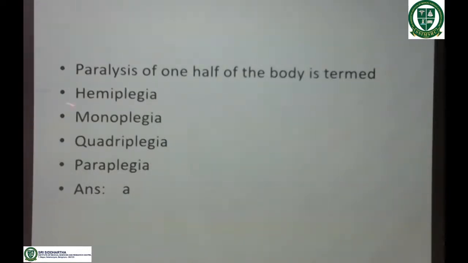Answer is A, hemiplegia, one half of the body. Mono involves any one, either one hand or one leg. Quadri is all four. Paralysis of all four limbs is quadriplegia. Paralysis of one limb is monoplegia. Paralysis of both lower limbs is paraplegia.